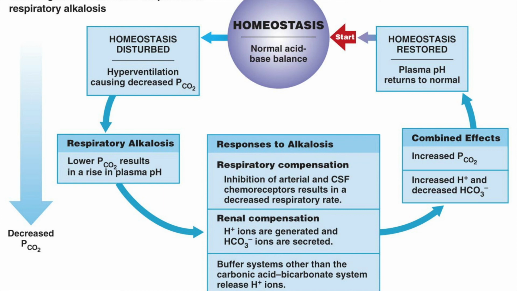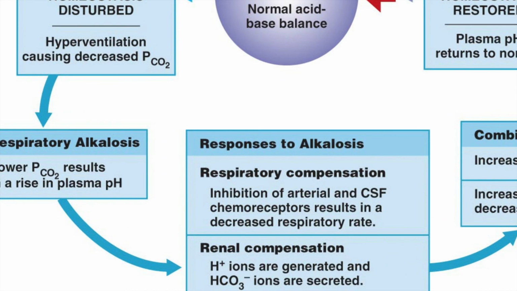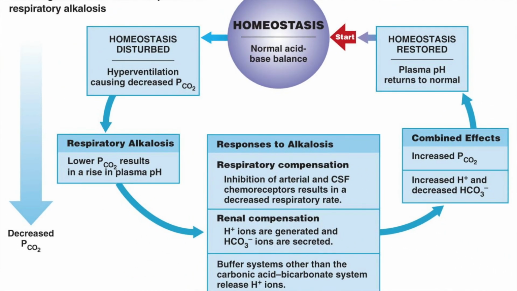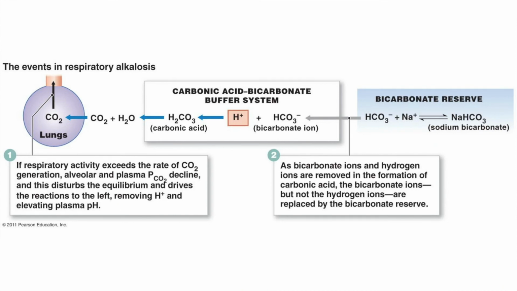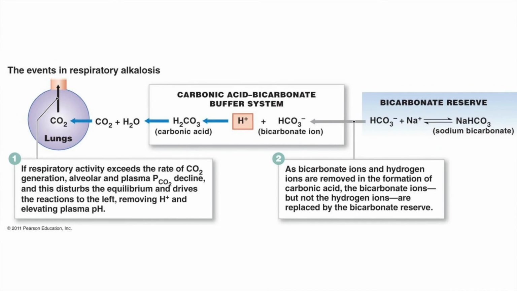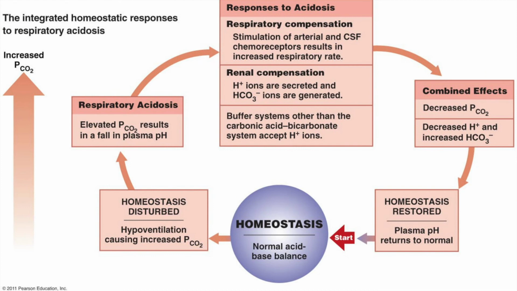Respiratory alkalosis is very rare. Hyperventilation is really the only cause. You might hyperventilate due to shock or stress. Respiratory acidosis is more common. This could be caused by diseases that affect the lungs and don't make the lungs work as well.